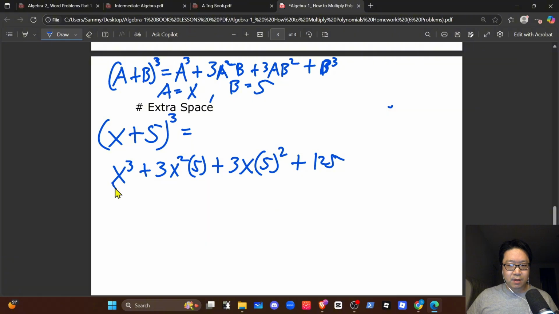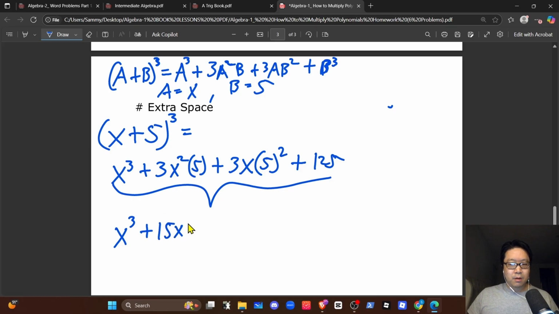Okay. And now we just have to simplify. So x to the third. 3 times 5 is 15. So we get 15x squared. 3 times 5 squared, so 5 squared is 25. 25 times 3 is 75. Make sure you remember your PEMDAS. So we do our exponents first. So 75x, and then the plus 125 at the end.